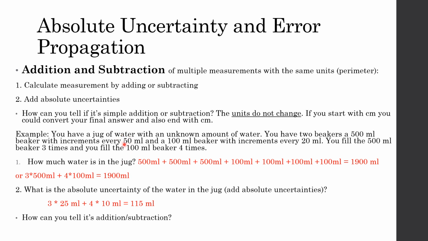Because there are increments every 50 mils, so 1/2 times 50, that gives us 25 mils. Then for our smaller 100 milliliter beaker, there are increments every 20 mils, so half of 20 is 10. We filled that up 4 times, so 3 times 25, that's 75. 4 times 10, that's 40. When you add those together, you get 115 milliliters.